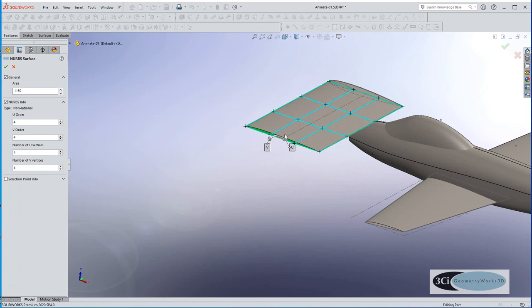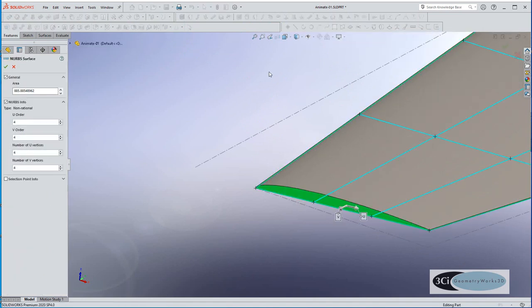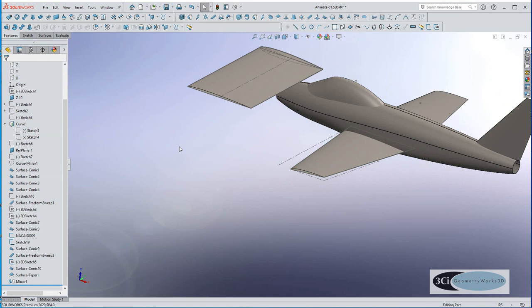On the rectangular surface, we have U going front to back and V going root to tip. Likewise, this surface is set up the same. So V is root to tip, U is leading edge to trailing edge.